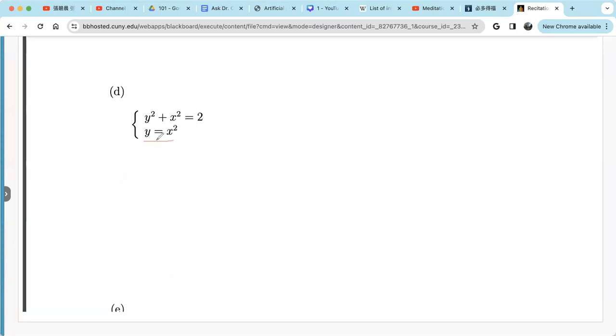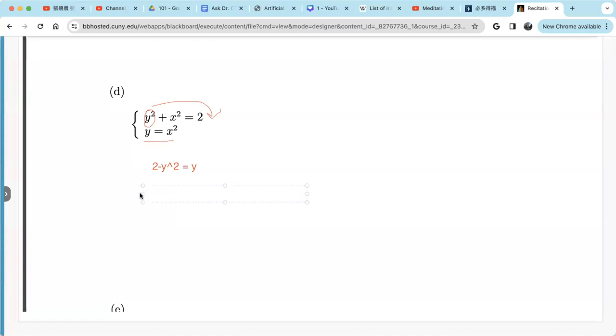We have x squared equals y from the second one. From the first one, we have x squared equals 2 minus y squared. So we just change x squared: x squared equals 2 minus y squared.